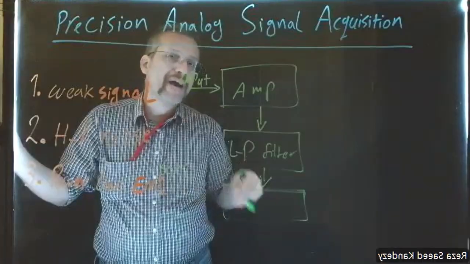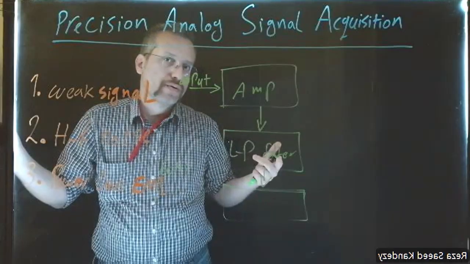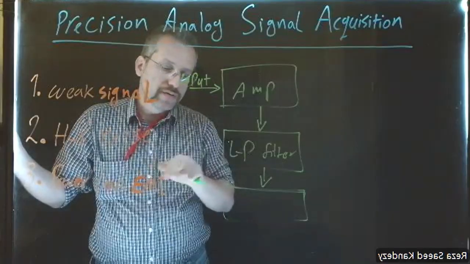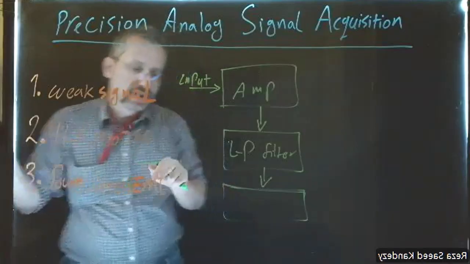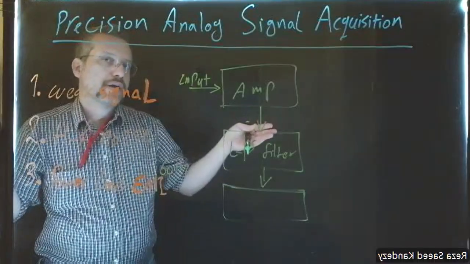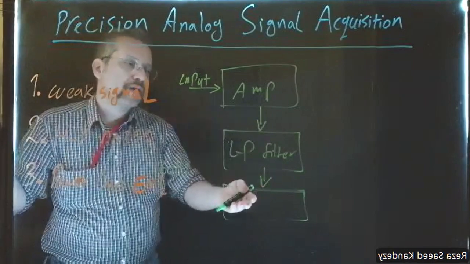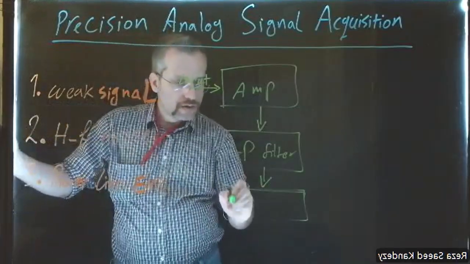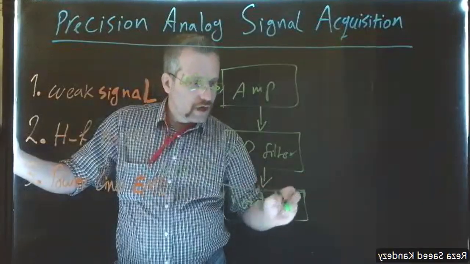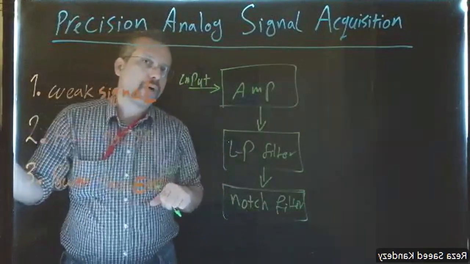So we need a band stop filter, which filters out the frequencies around that targeted frequency, the 60 hertz, and lets the other frequencies pass through without any attenuation. How can we do that? We can implement a notch filter. So now we have a notch filter in our system in order to address the third problem.